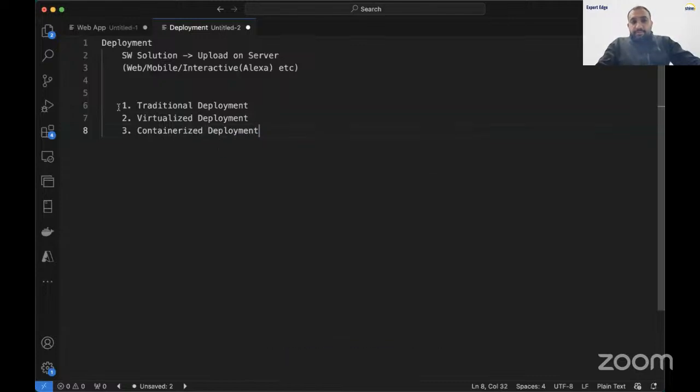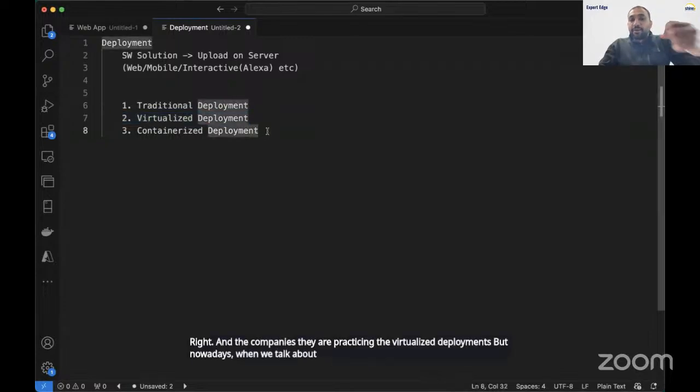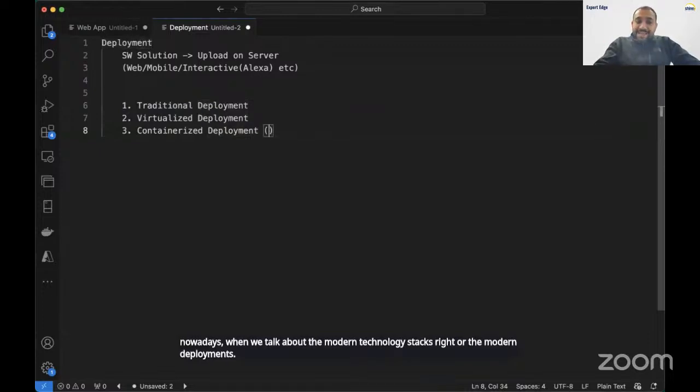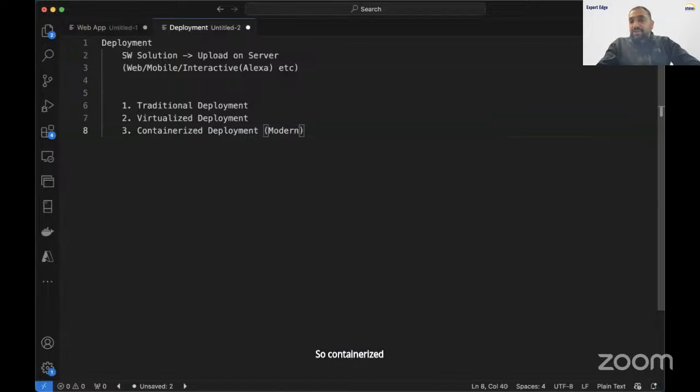So industry still has projects which run using traditional deployment strategies, right? And companies are practicing virtualized deployments. But nowadays, when we talk about modern technology stacks or modern deployments, containerized deployment is something which companies are looking forward to.